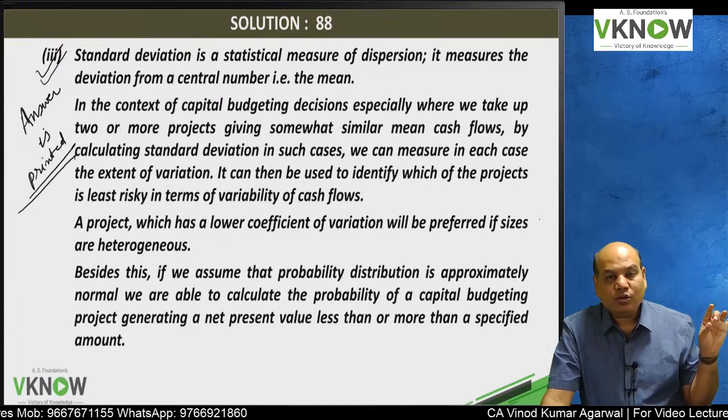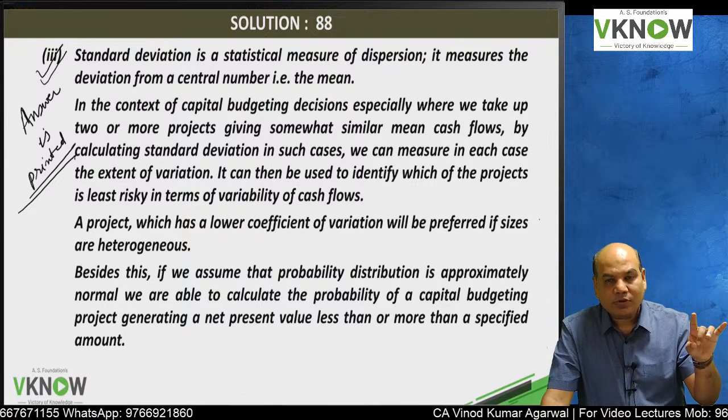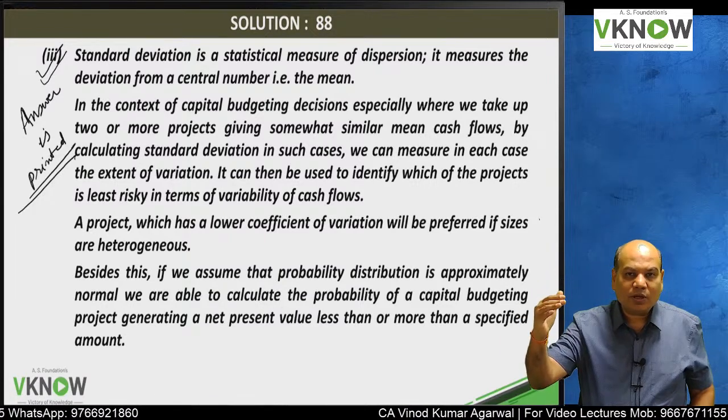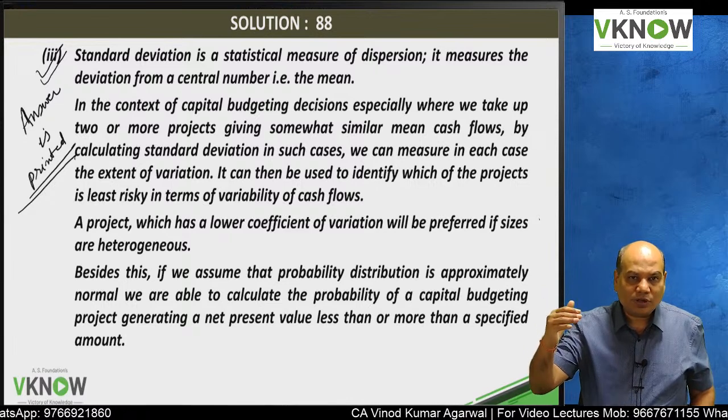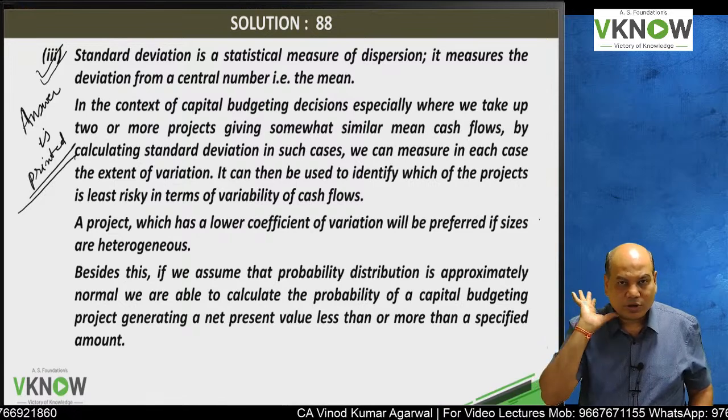You can put a tolerance limit for coefficient of variation, and if the project's coefficient of variation is less than the tolerance limit, you will select the project.